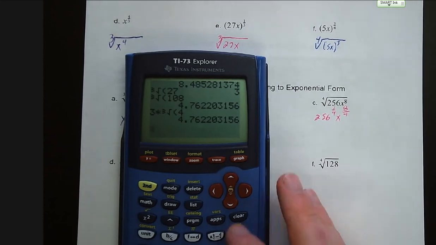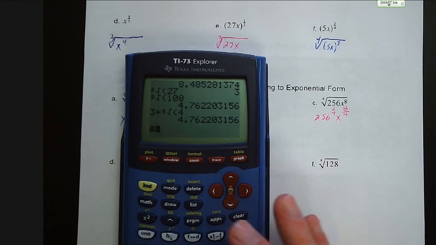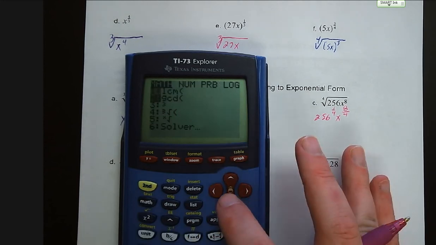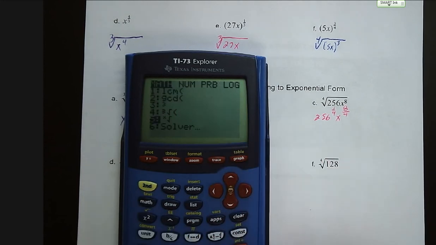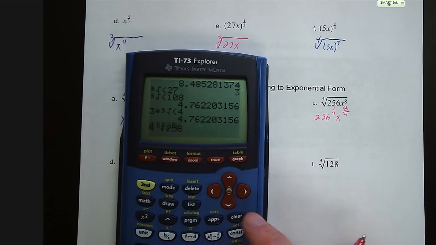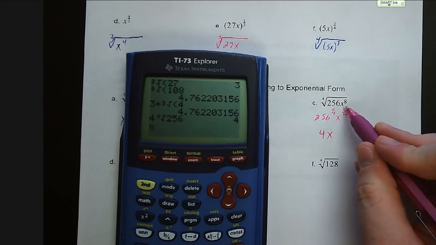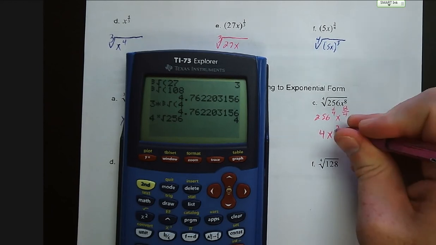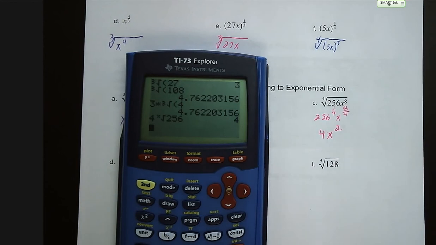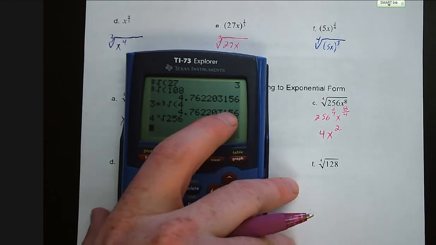If we want to do the 4th root, we type in 4, math, go down to number 5, you'll see it's an x with a radical. So this is saying take the 4th root of 256, hit enter, and we'll get 4. And 8/4 is going to reduce to 2, so x squared. So that would be 4x squared for your answer.